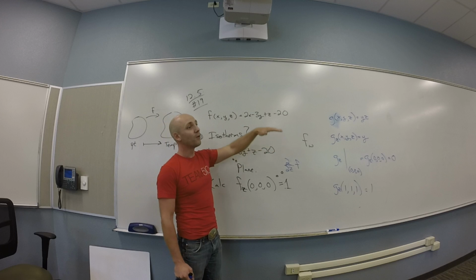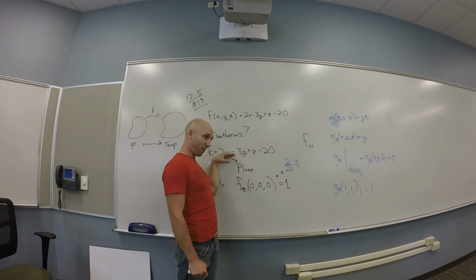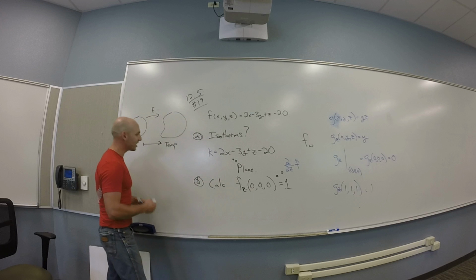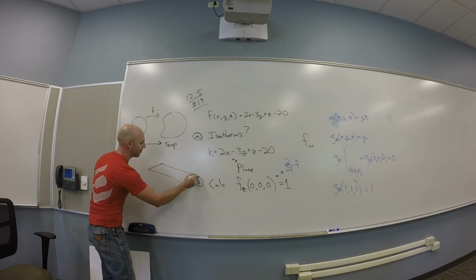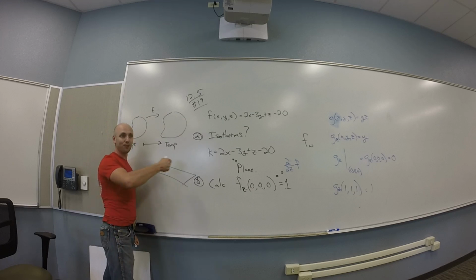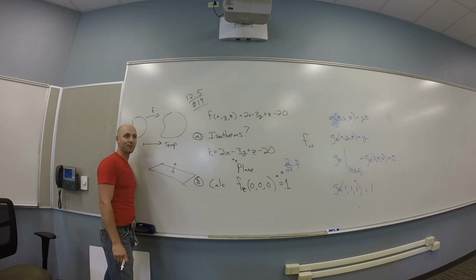You guys don't have the tool to answer this in the best way possible. You could figure out where the isotherms are, right? These are planes, right? You guys all see that? And if you were really clever, it might occur to you that if you have a plane of level temperature, the best you can do is head directly perpendicular off of that plane.